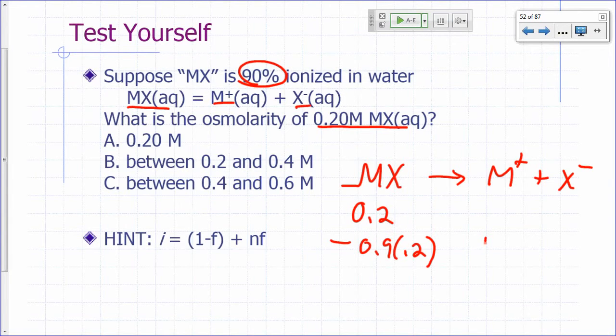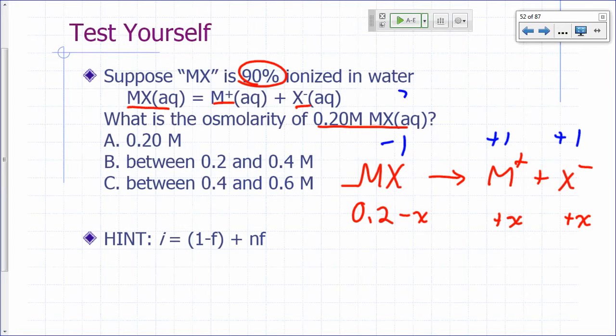How much of M+ would I make? Okay, let's do it this way. If I were to lose x moles per liter of this, how much of this would I make? I make x moles per liter of that, and I'm going to make x moles per liter of that. Can you see that? If I lose a mole of this, I gain a mole there, I gain a mole there.